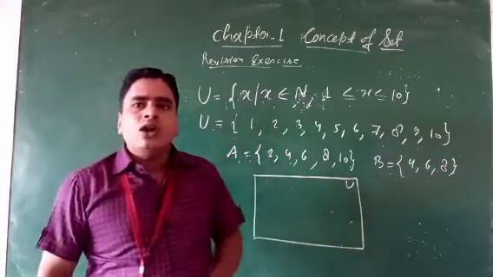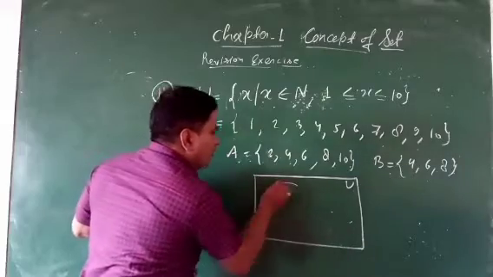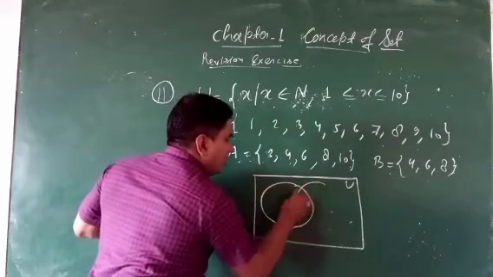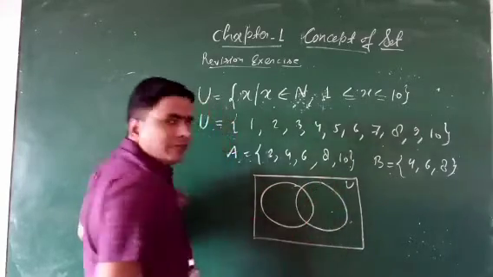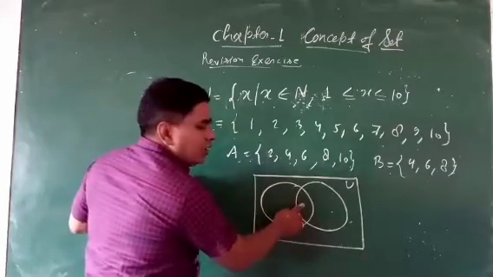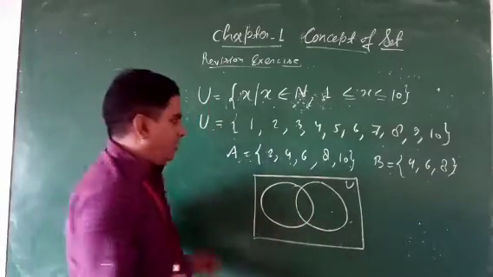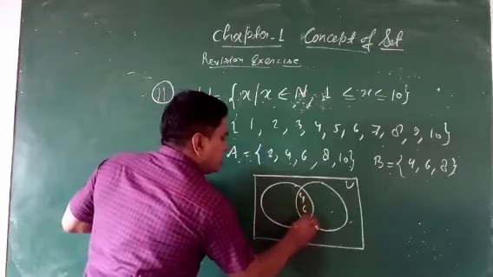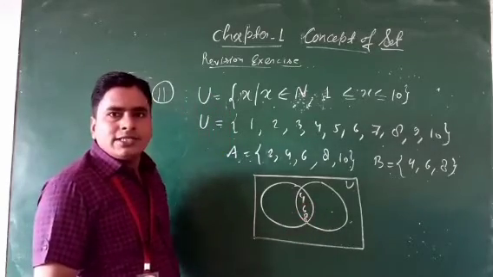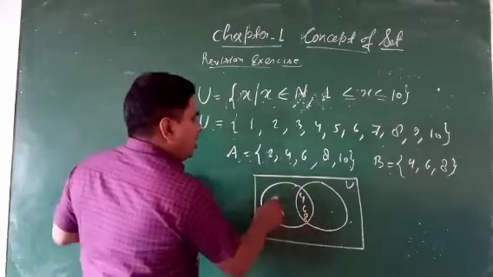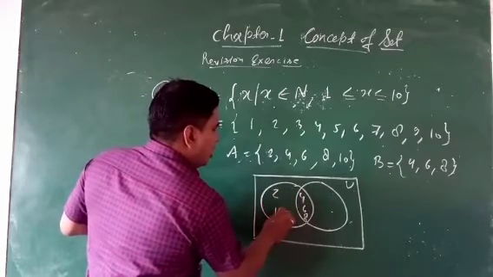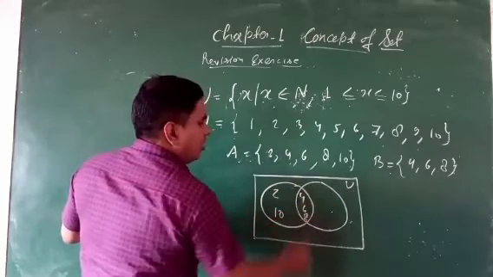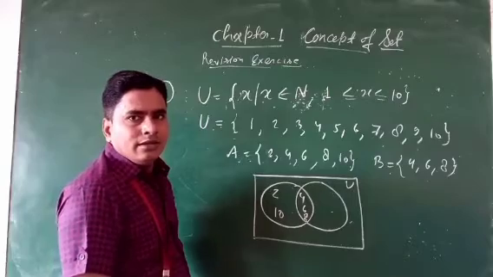It means these two are overlapping, so we will draw two circles in overlapping form. In the common portion we will write the common elements 4, 6, 8. And here 2 and 10. And here no element. Clear?